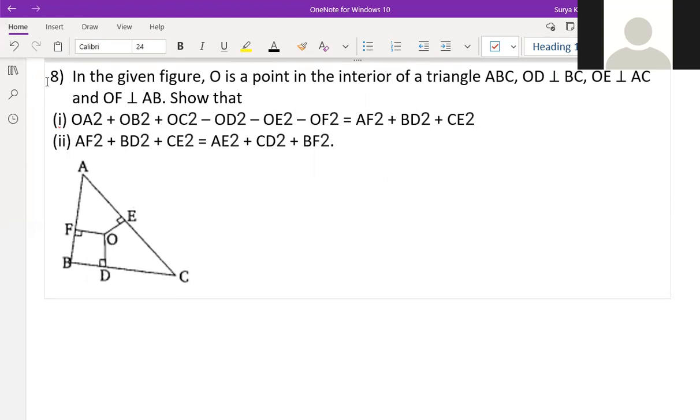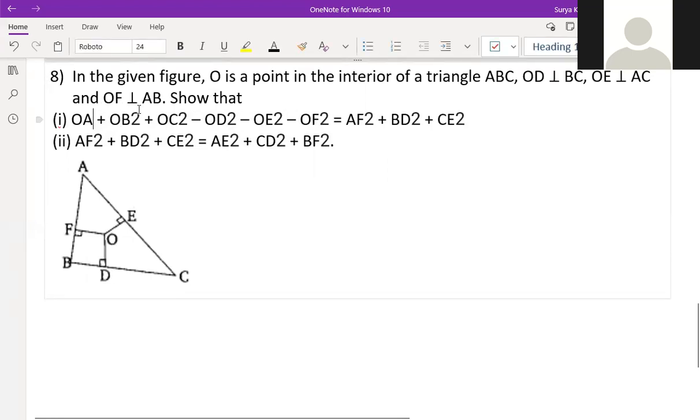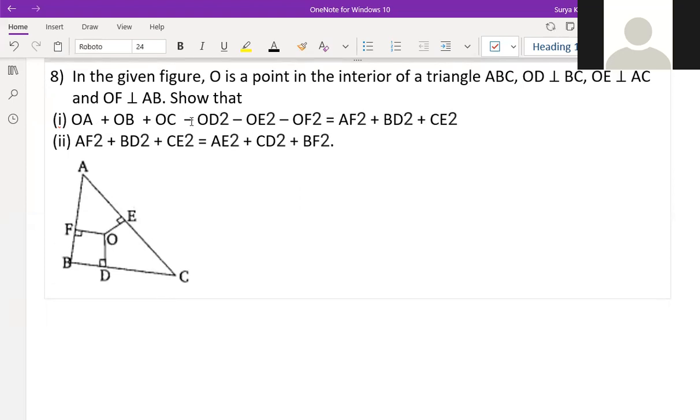OD is perpendicular to BC, OE is perpendicular to AC, and OF is perpendicular to AB, so that OA square plus OB square plus OC square minus OD square minus OE square minus OF square is equal to AF square plus BD square plus CE square.